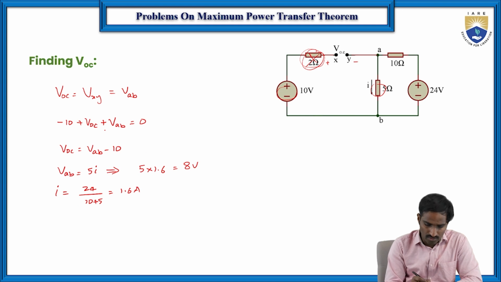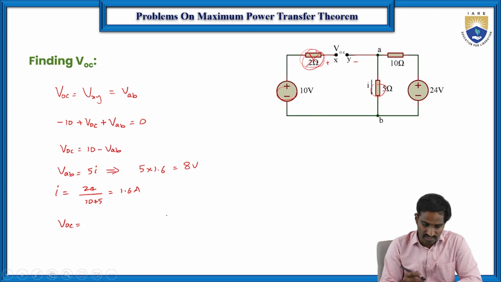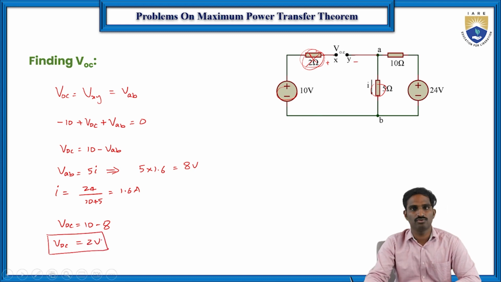Then if you substitute all these values, VOC is equal to 10 minus VAB, not VAB minus 10. So 10 minus VAB, where VAB is 8. Then you will get VOC equal to 2 volts. So this is the procedure to find the VOC.